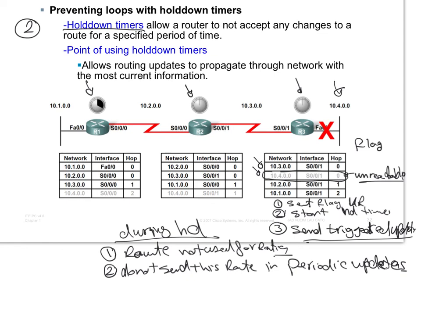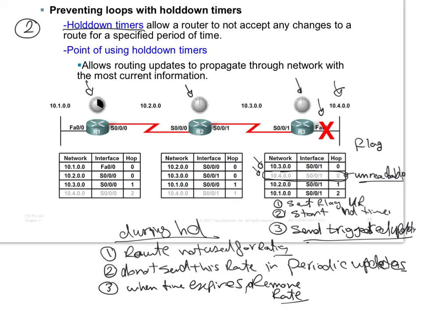Okay. Number three, when the timer expires, then and only then remove the route. Okay, so the logic here is that during this hold down timer, keep informing others about the fact that this route is not reachable through you.